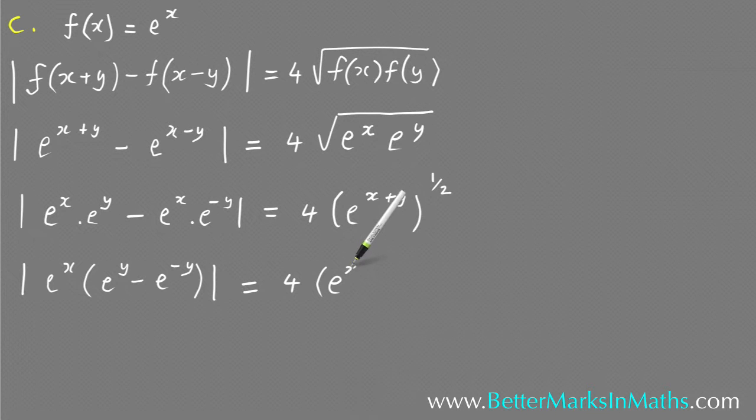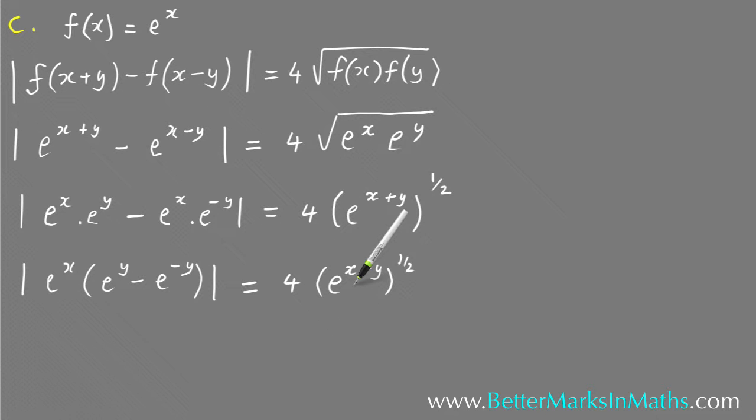So e to the x plus y to the 1/2. And again, for some values of x and y, this may be true, but not for all values of x and y. I'm pretty sure there's no way of changing this into this expression. So I would say based on that, that if I was doing this in an exam, I would stop here and try the other options.